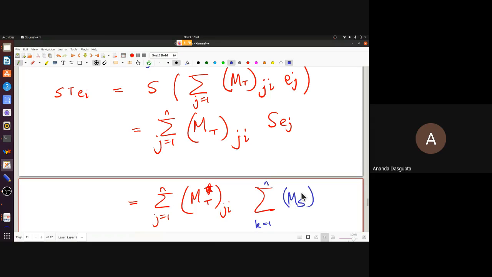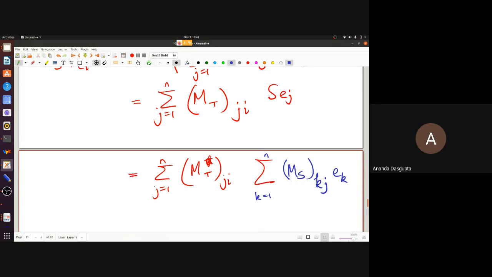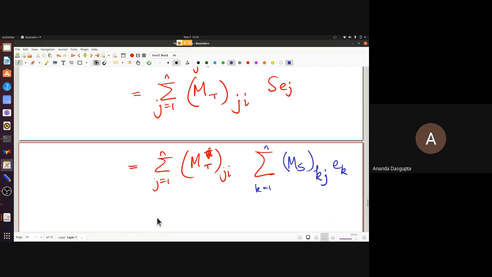The matrix corresponding to S, the sum of S kj e_k, right? Is it okay? I've just used the rule again. The matrix corresponding to S is M_S, and M_S kj e_k is going to sit here. Now notice that this is of course a combination of the vectors e_k. What combination? The coefficient in front is this, j equals 1 to n. This thing in red times this thing in blue.